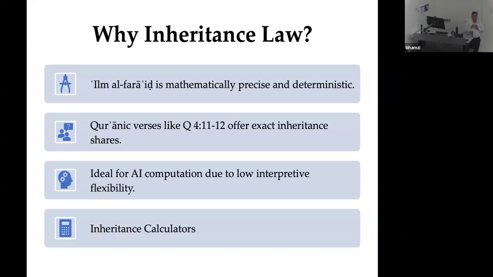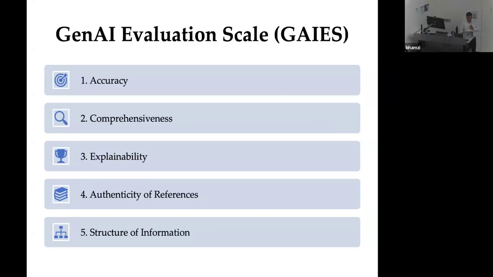So although the basic principles are the same, there are some jurisdictional differences. Also, there are differences between Shia and Sunni fiqh. If somebody follows Sunni fiqh or Shia fiqh, there are differences. What an LLM can do is explain those differences for us.